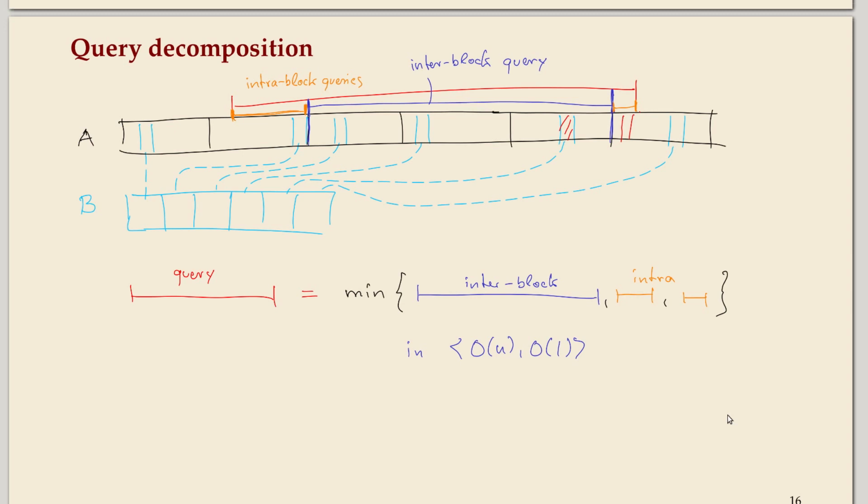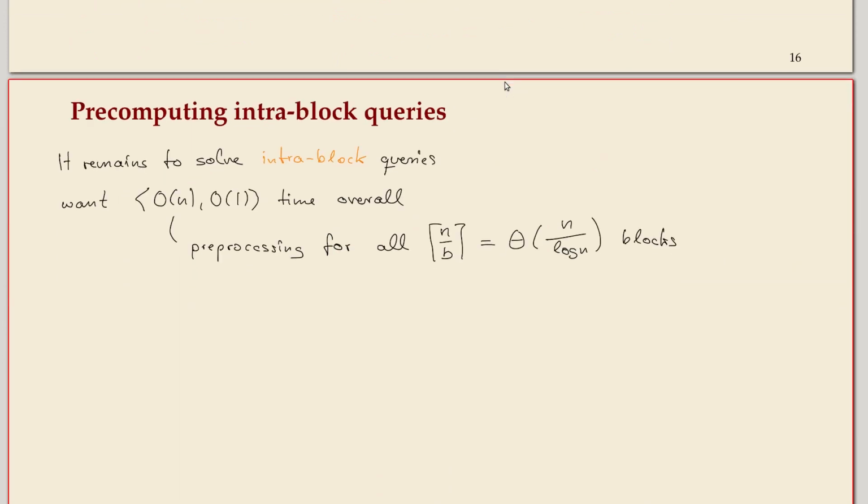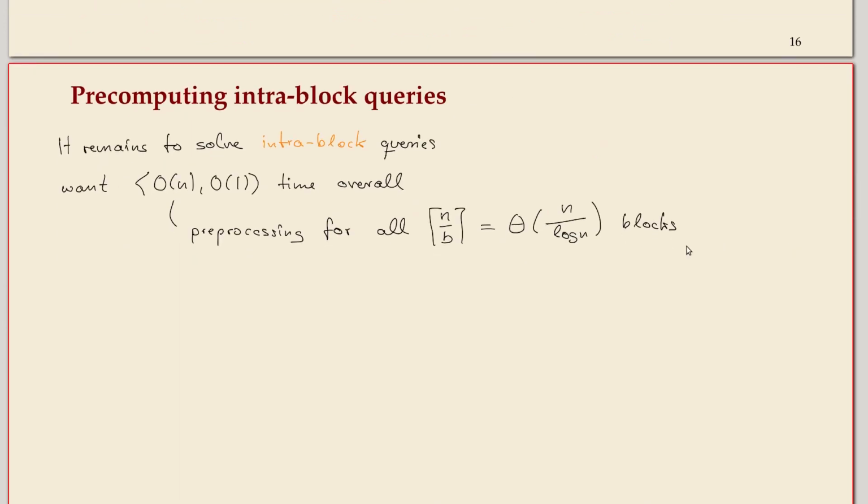One way to do this is the observation of the 4 Russians. So we have many blocks. But they're all short.